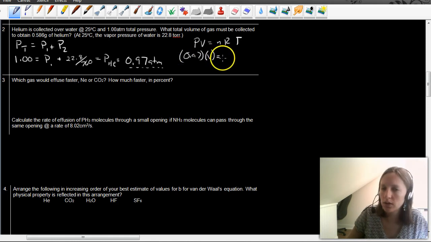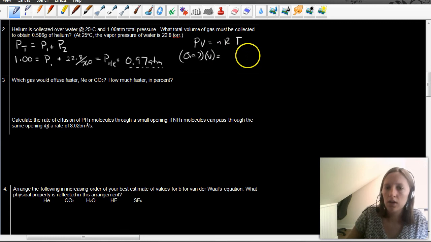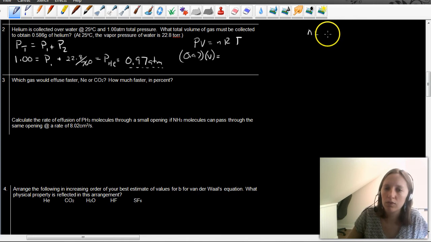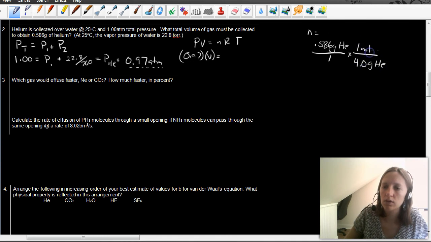N, we don't quite know yet, but we'll know it in a second, because we've got to convert your grams of helium into moles of helium. So that's 0.586 grams of helium, and one mole of helium per grams of helium.